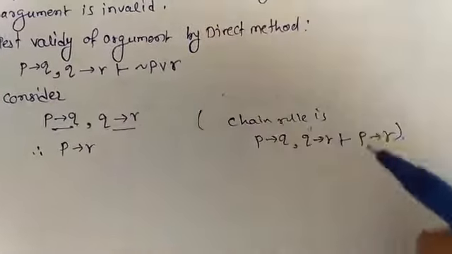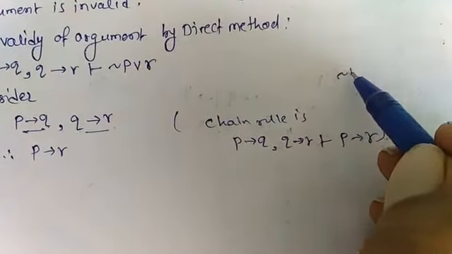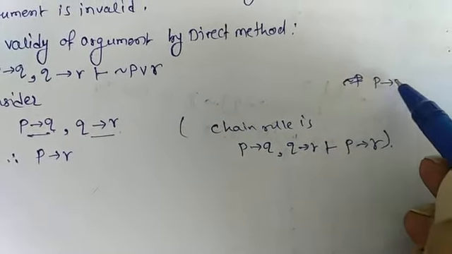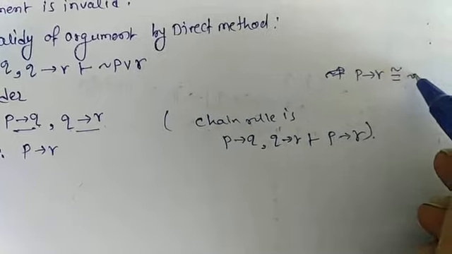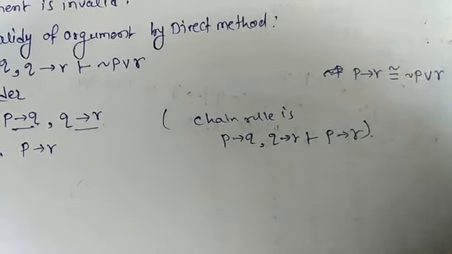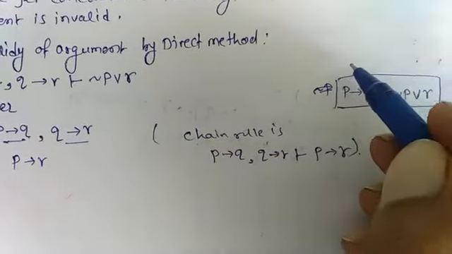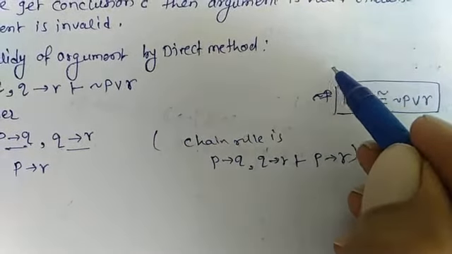Now you know that P implies R is logically equivalent to negation of P or R. You may prove that, and it is a property also. So it is for your homework part.